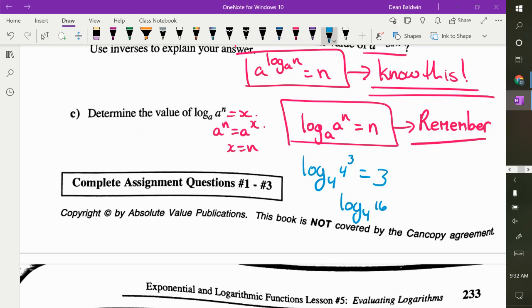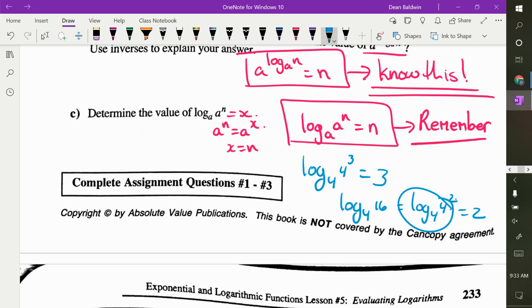It's 2. Why is it 2? Because I can rewrite the 16 as 4 squared. Then this matches this. Therefore, I know the answer is just 2. Okay? So this saves you having to do a whole bunch of work. However, you got to be pretty good at mental math.